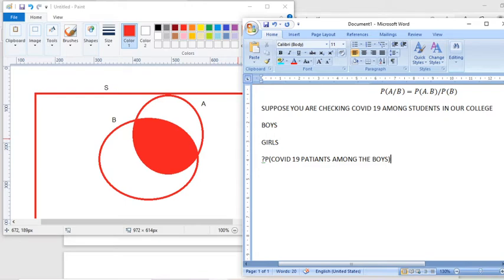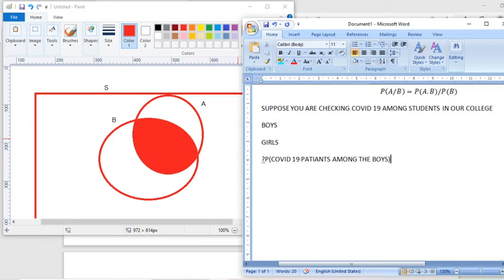There are possibilities. The COVID-19 patient may be a boy or a girl. Suppose you are conducting an antigen test, and all these students are subjected to the test, and we want to find whether the probability of COVID-19 patients among the boys is bigger than 0.5 or not.